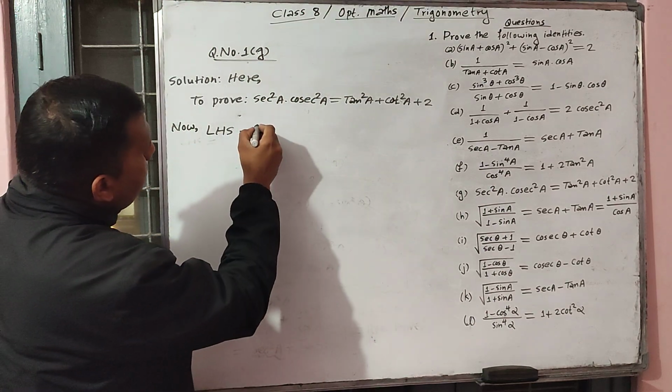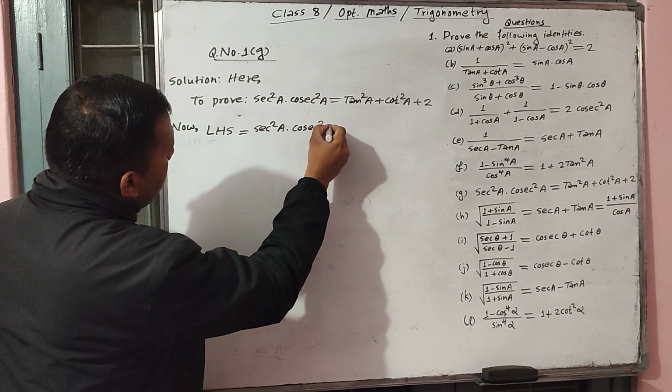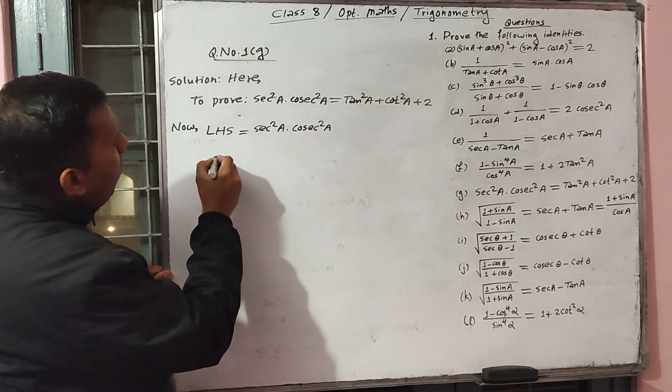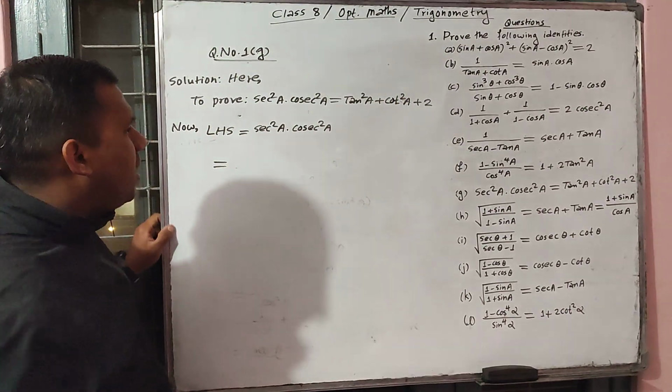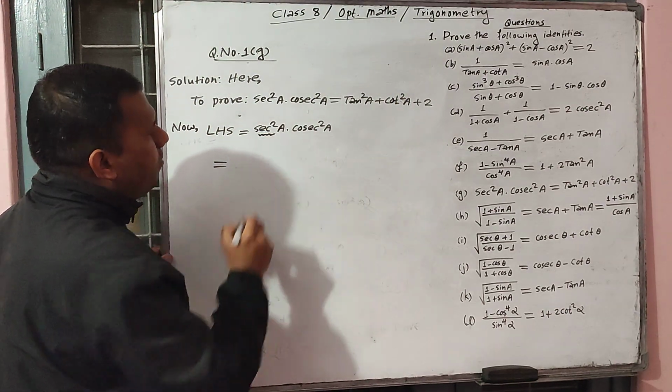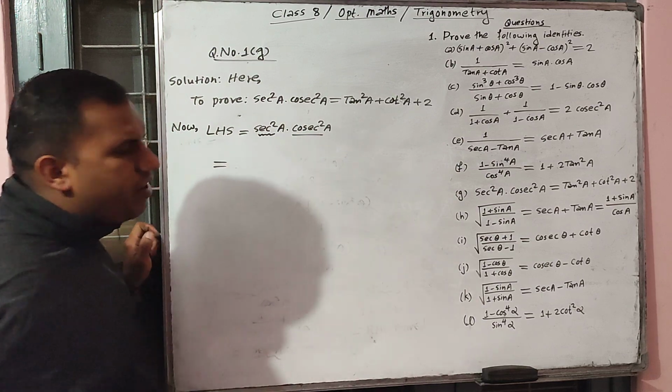Now we have this equal to sec square a dot cosec square a. But RHS is in the form of tan square a and cot square a. So we need to change this sec square in terms of tan square and cosec square in terms of cot square.